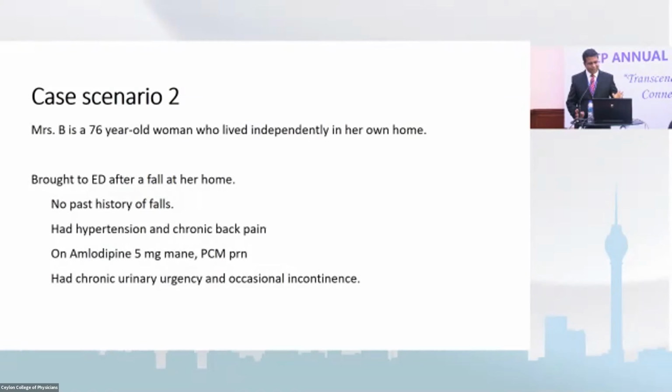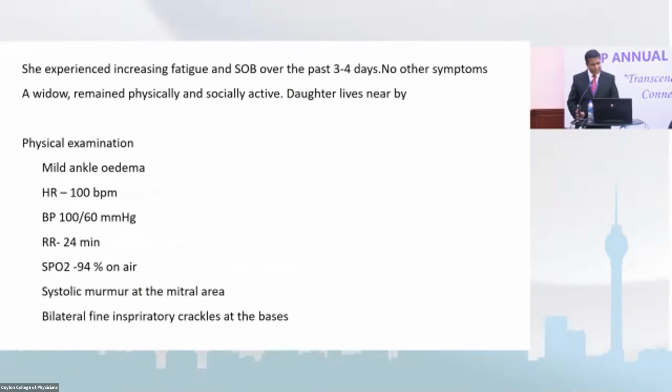A young, strong patient with an average BMI, one single drug for hypertension, not many comorbidities, and urge incontinence. She experienced increasing fatigue and shortness of breath over the last 2 to 3 days.